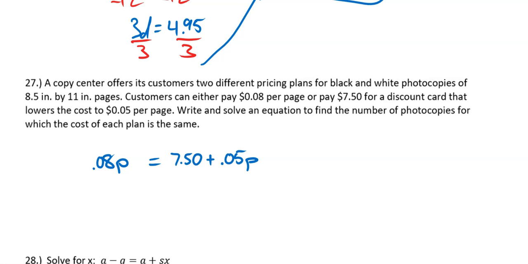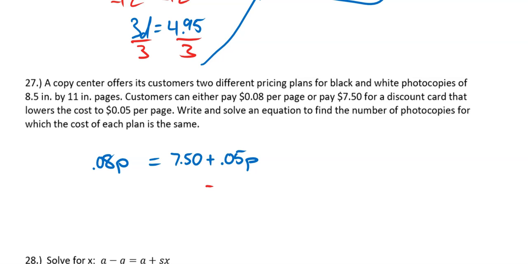It's really just almost like we're setting up 2 equations on each side of the equal sign. The first equation was 8 cents per page. The second equation was $7.50 plus 5 cents per page. And so we want to know, well, how many pages are we looking at to justify when we'll have to buy this plan or when we should buy the plan. And so we just solve this the same way we normally would.